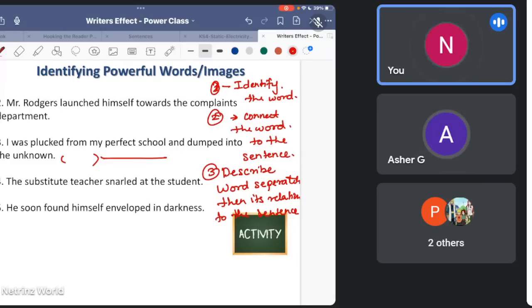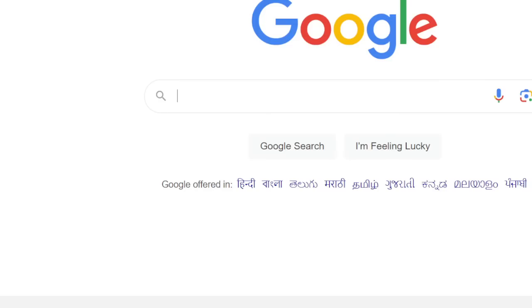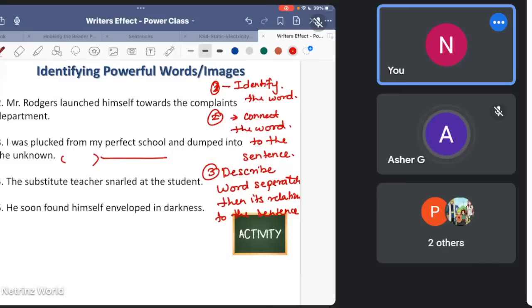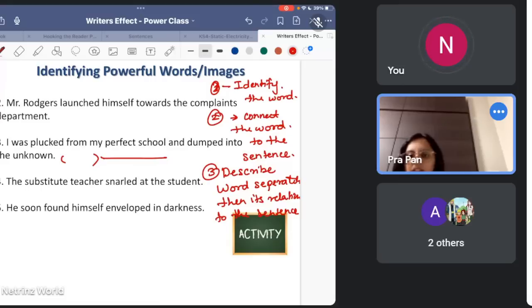What do you mean by the word snarled? Like to get mad and annoyed. In what form? Snarled in what form? If you're getting mad and annoyed, how? Like by making facial expressions.